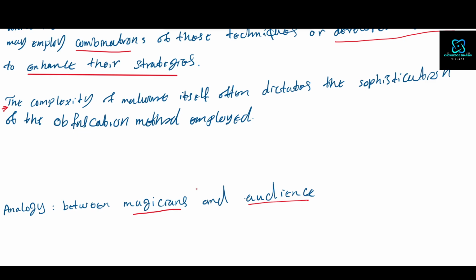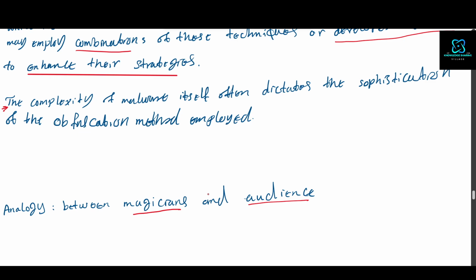In both cases, the goal is to keep the audience, or in our case the defense team or mechanism, guessing and unable to pinpoint exactly how the trick or the malware is executed. I will mention again: the complexity of the tricks or the malware often determines the sophistication of the methods used.